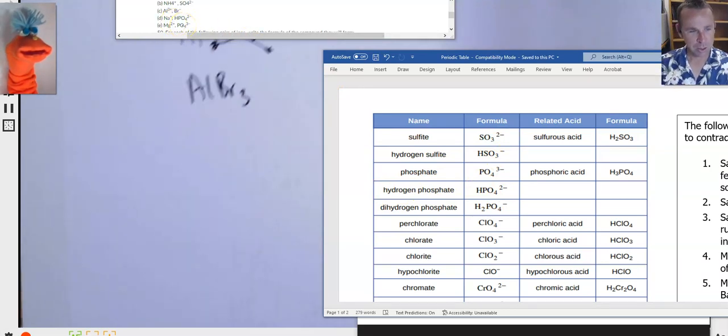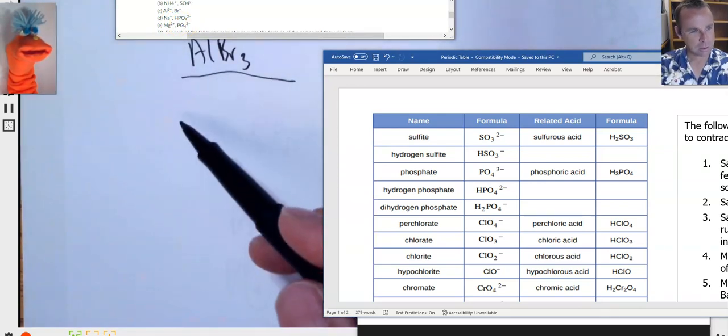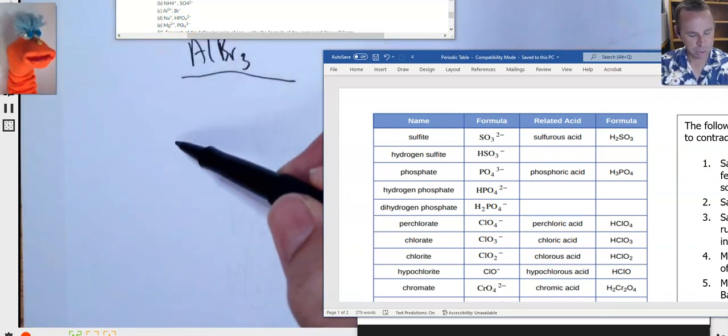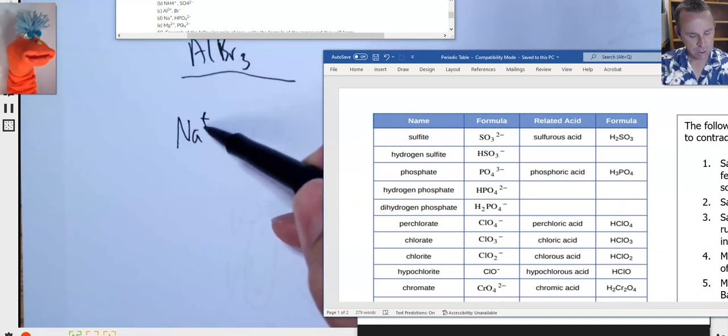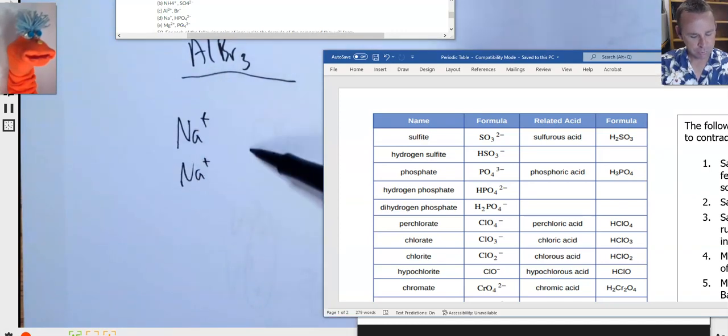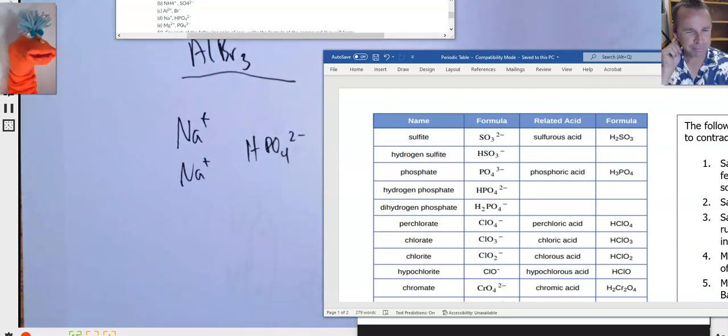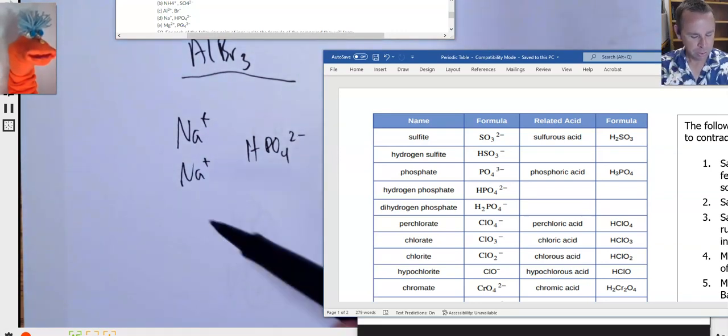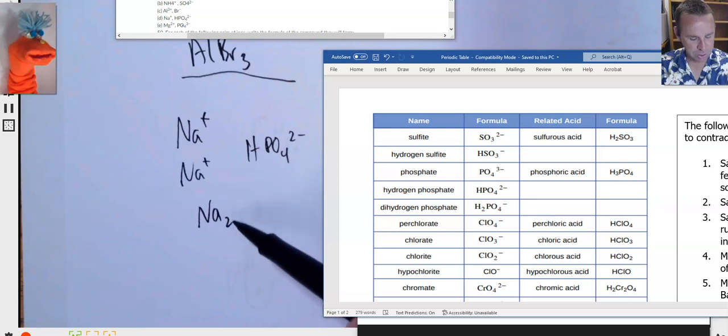So how are we going to combine the sodium ion and the hydrogen phosphate ion to get a compound? You're going to need two sodiums. That's right. I'm going to need two of the sodiums for every HPO4 2-. Okay, very good. So the resulting compound is going to be Na2HPO4.